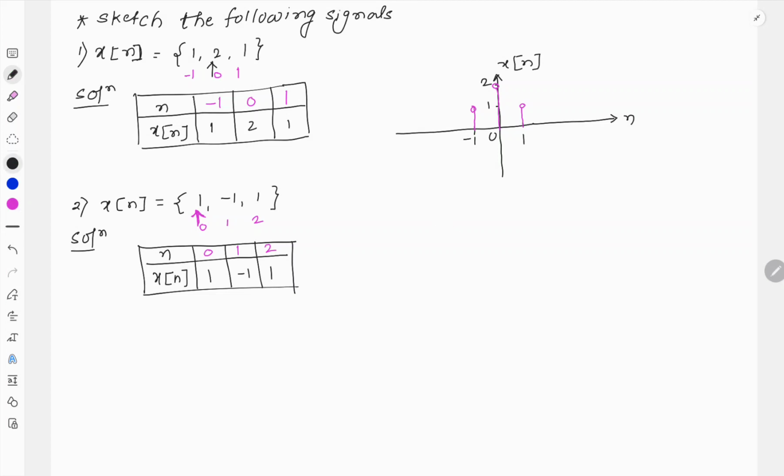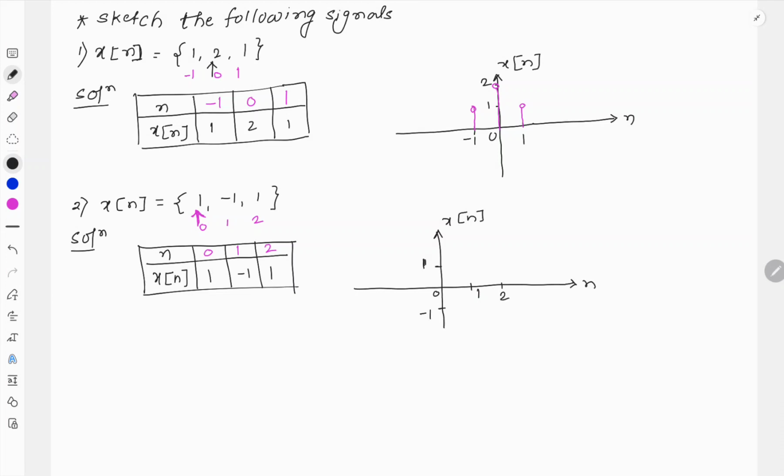So again we are going to sketch the signal. N versus x of n, amplitude 1 and -1, and the signal starts at 0 and has samples at 1 and 2.